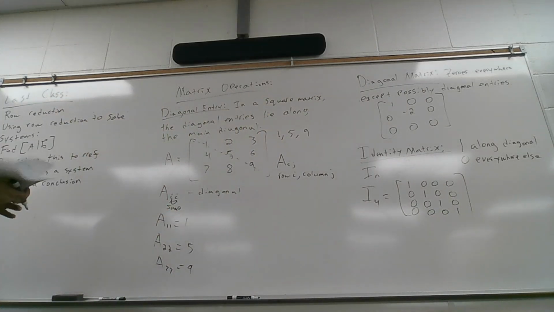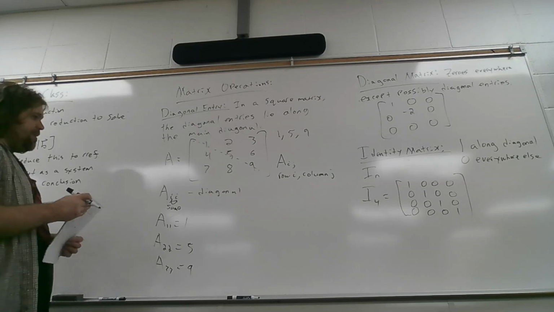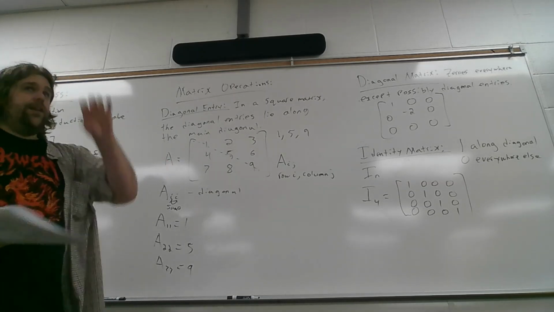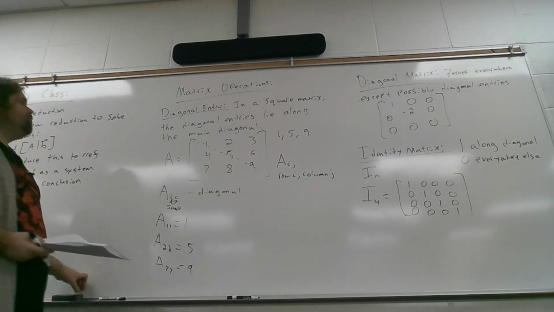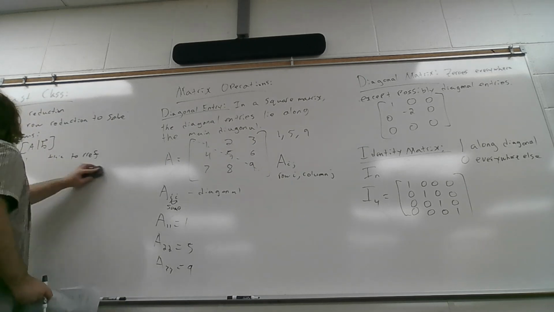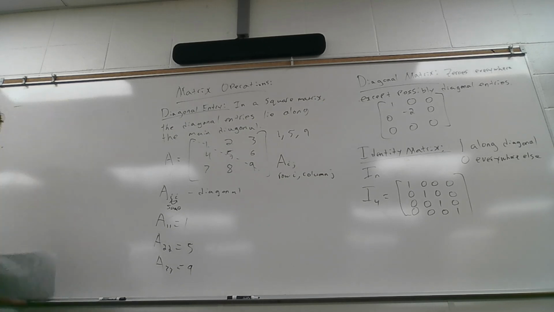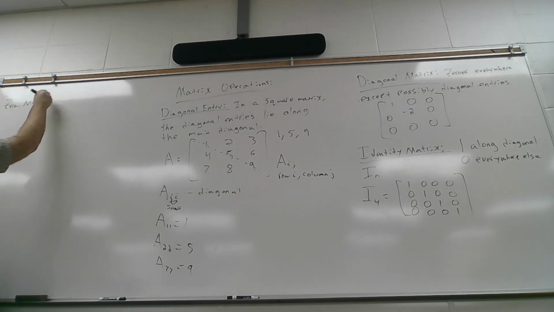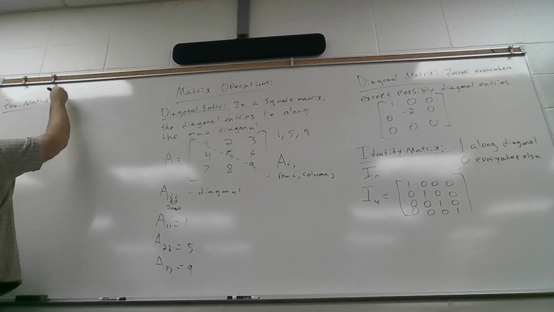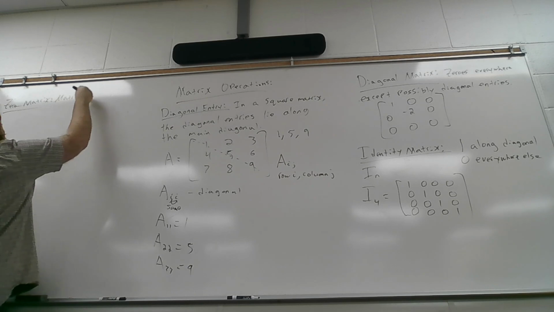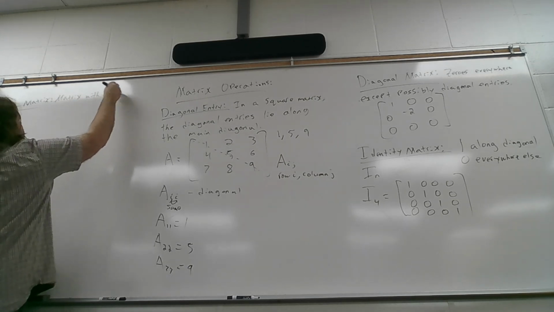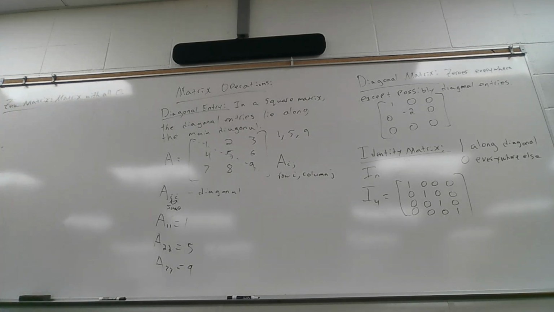Okay, there's one other type of matrix that we would care about a decent amount, and this is the 1. We also have a 0. So the 0 matrix. It's just the matrix with all zeros. Every single thing in there is a 0.